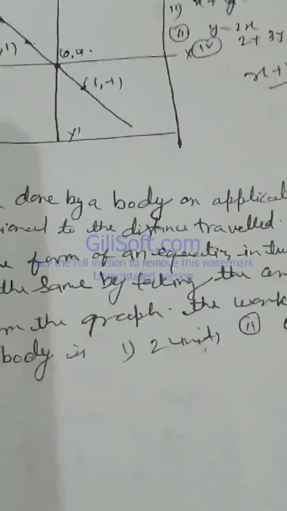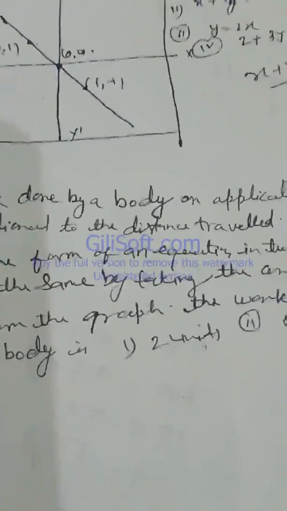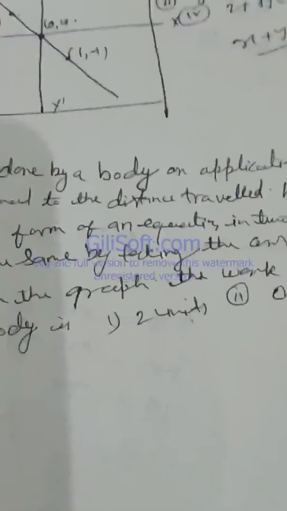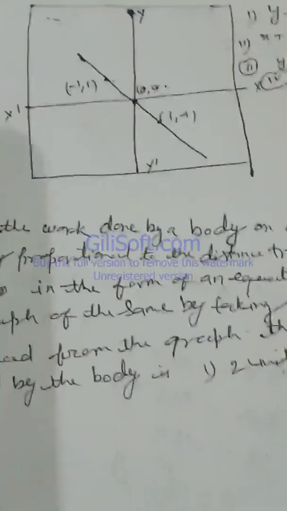Also read from the graph the work done when the distance traveled by the body is first 2 units and second 0 units.